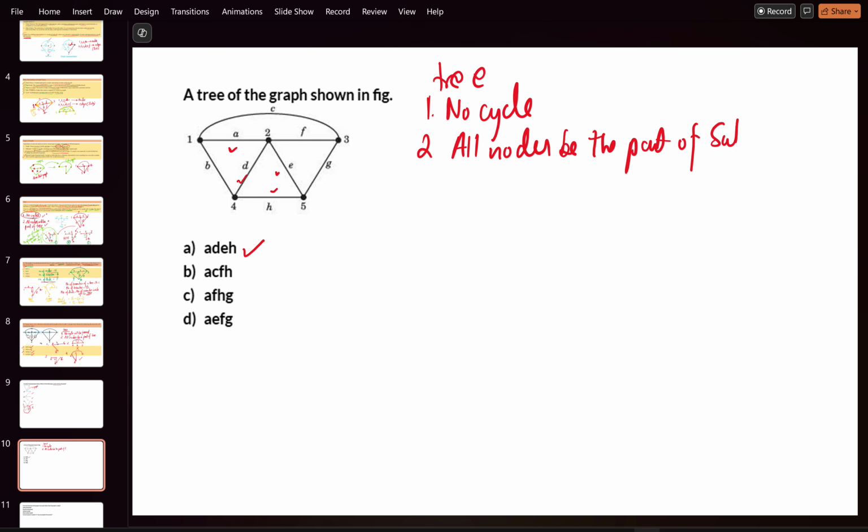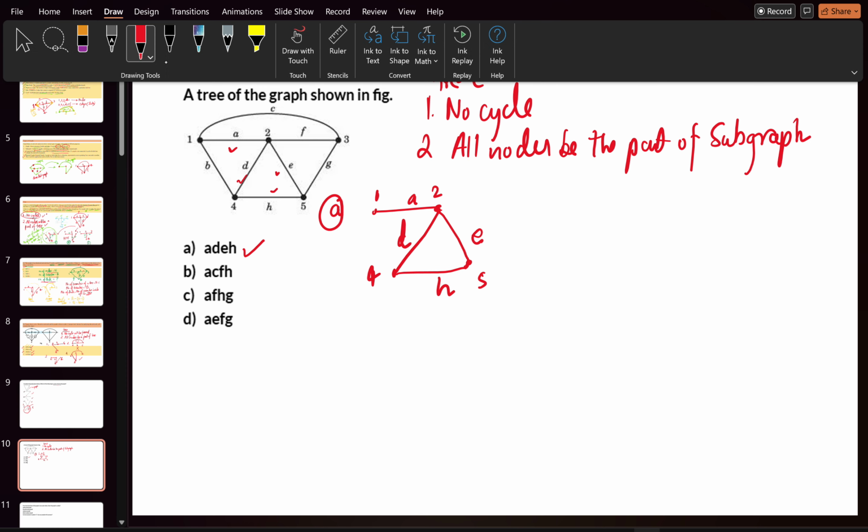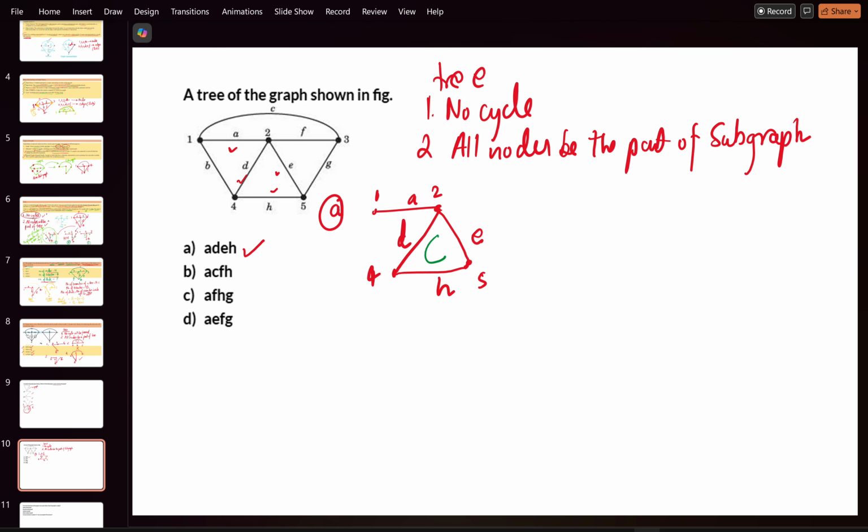Okay, if you see the first option, option A, when you draw the graph, A is basically connecting 1 and 2, D is connecting 2 and 4. E is basically connecting 2 and 5, and H is also a part of that. In this part, if you see, there is a cyclic formation. One cycle is being formed, and also one node is left out, 3. So this is not a tree.